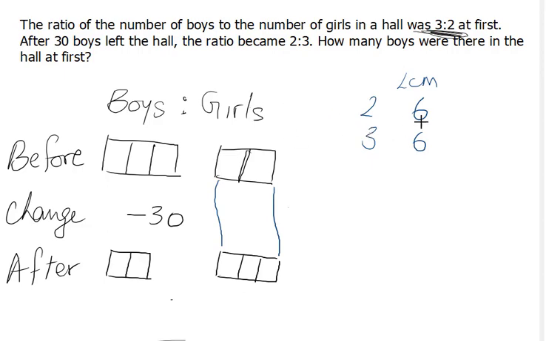So here 2 times 3, meaning each unit is divided into 3 parts. Here again each unit is divided into 3 parts. Now here 3 times 2, so we are going to divide this into 2 parts. Right? So now each unit here is of the same size as the unit that is here.